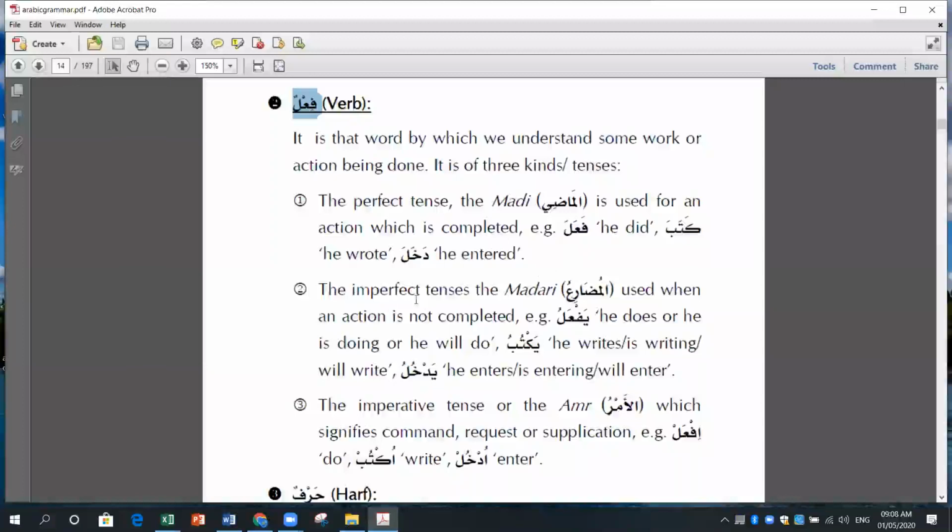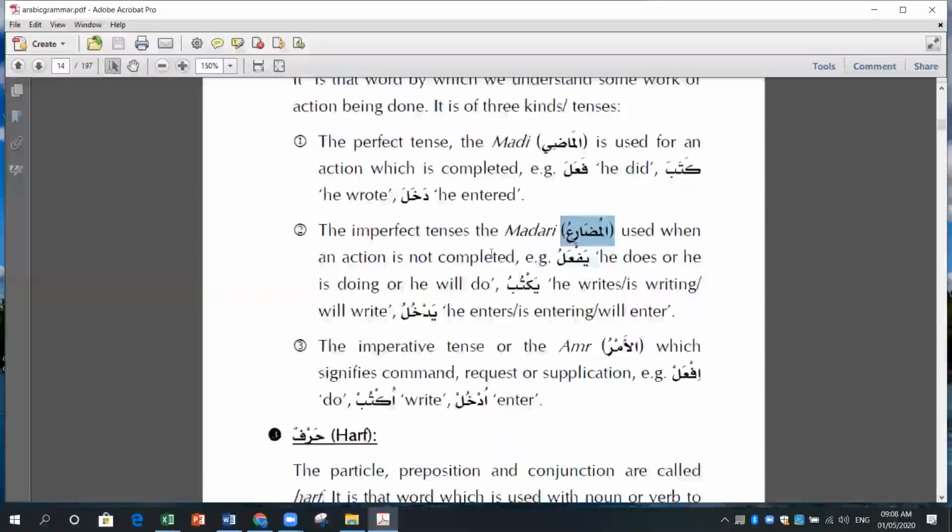So that was the verb, and the next is the imperfect tense, that is continuous, going on, right? It is called al-mudari in Arabic. The second verb is al-mudari. You see this highlighted one? Al-mudari includes present and future both. This is the imperfect tense. Mudari is used when an action is not completed, it's still going on, or it will keep going on in the future as well.